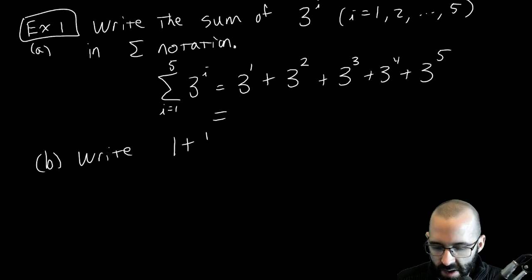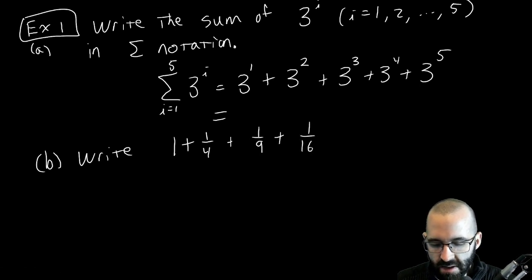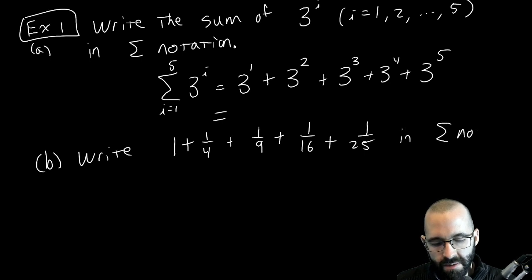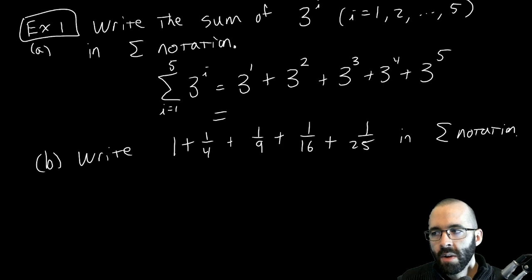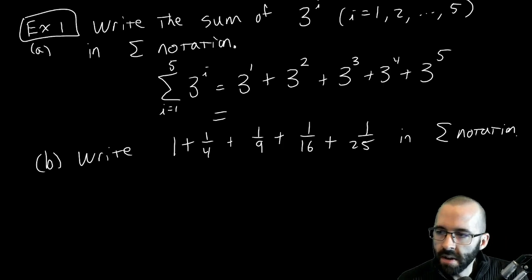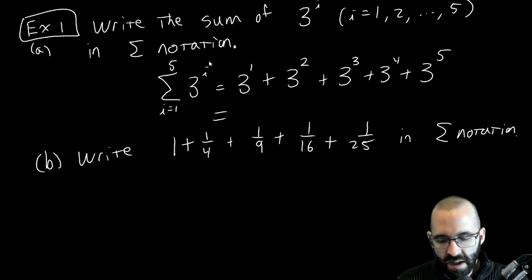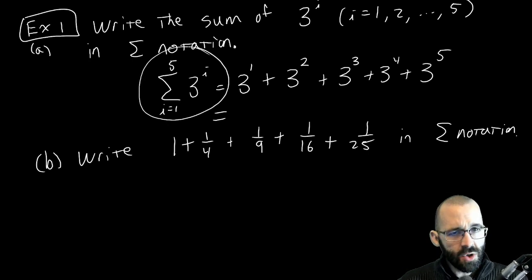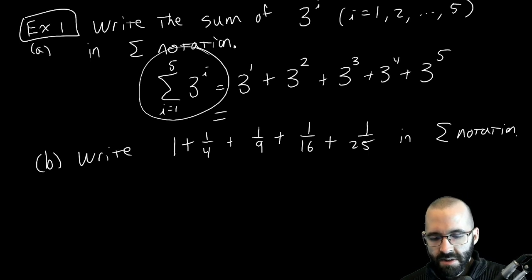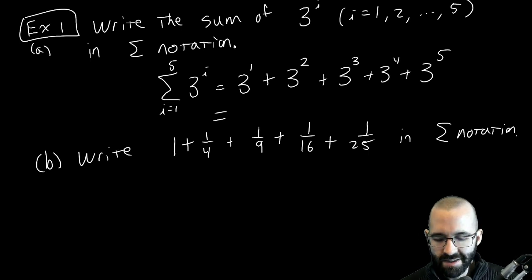Write 1 plus a quarter plus a ninth plus a 16th plus 1 over 25 in sigma notation. So now we're going to go backwards. We say, okay, I see all this. How can I write this in this format? And these can be pretty tricky. So let's start with the easy part.